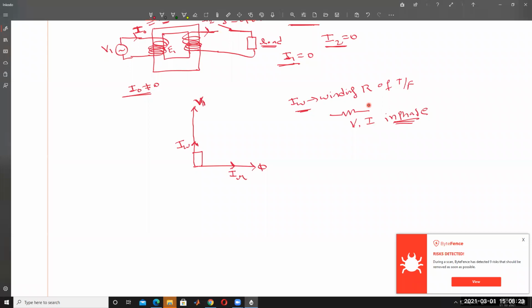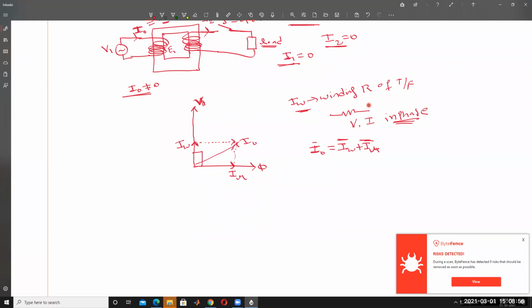Understood? So what is the no load current I naught? I naught is equal to the phasor addition of the wattful component and the magnetizing current. Am I right or not? The resultant of these two is called I naught.